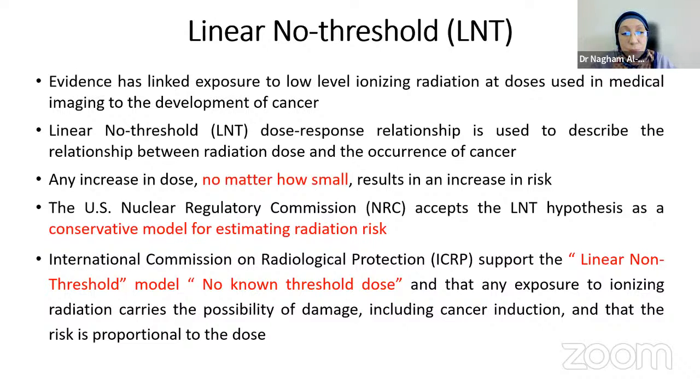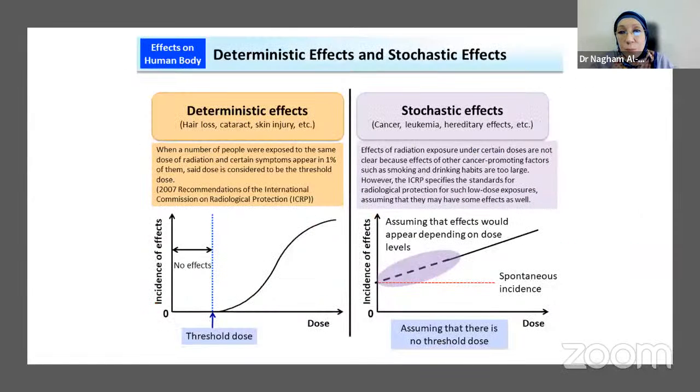I want you to look at this graph, on the right side and on the left side. This image explains the linear no threshold model, the deterministic effect and the stochastic effect.